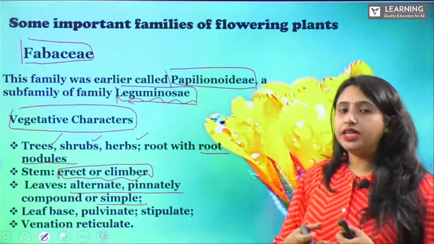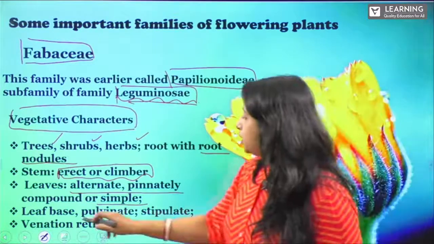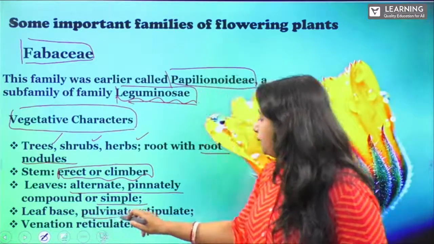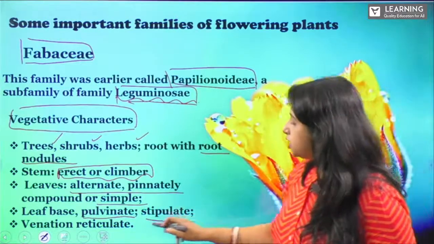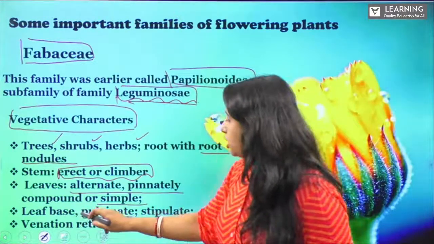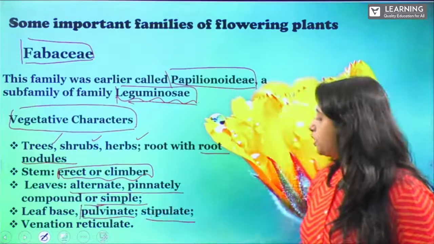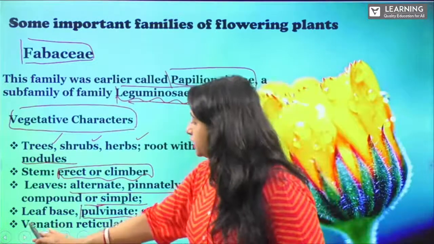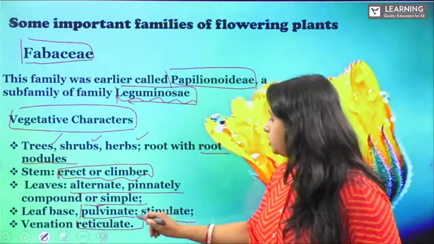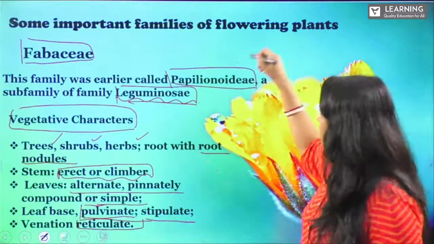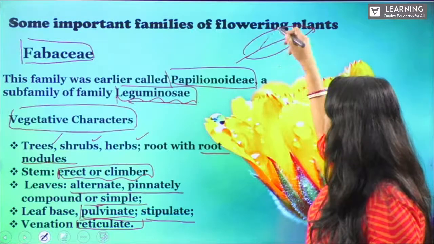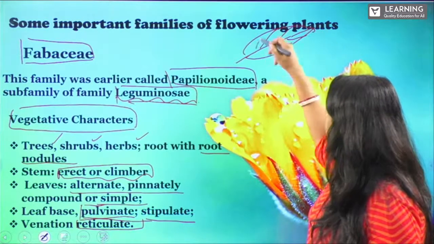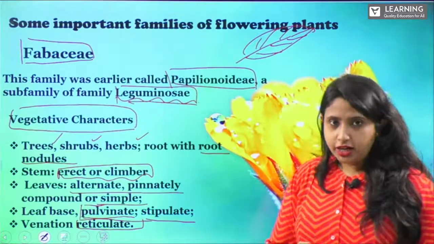The leaves are pinnately compound or simple, and the leaf base is pulvinate and stipulate. The venation is reticulate. As you have seen in leaves, this type of arrangement is known as reticulate venation.